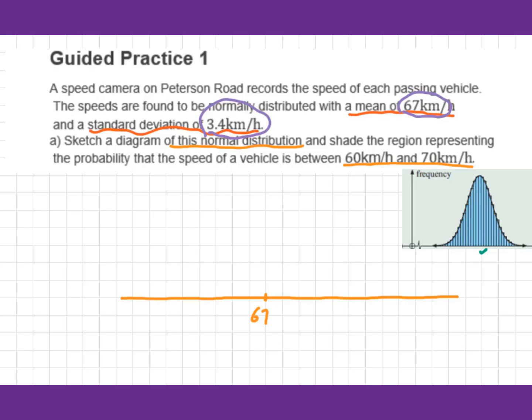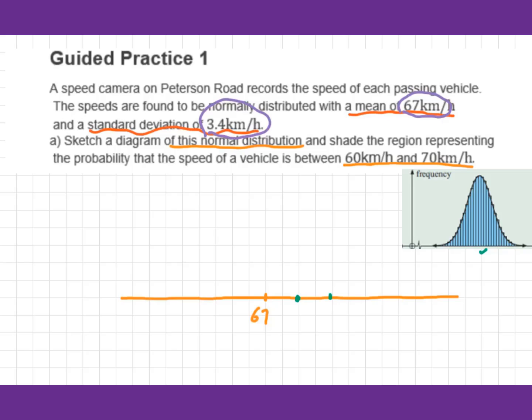Therefore, we know the mean is 67. For the standard deviation 3.4, I keep adding 3.4 or subtracting 3.4 from 67 so that we can draw this bell-shaped graph.